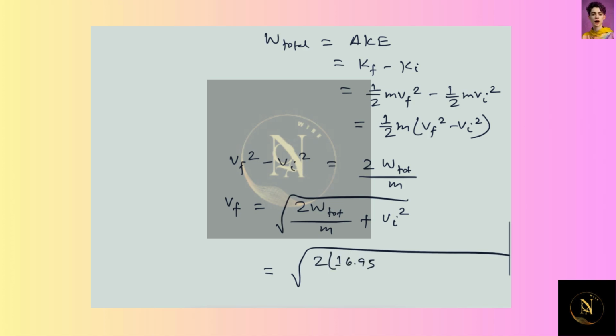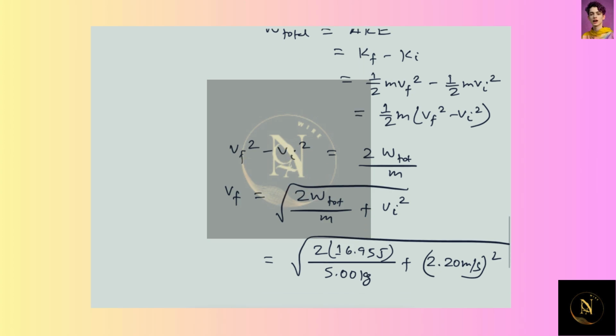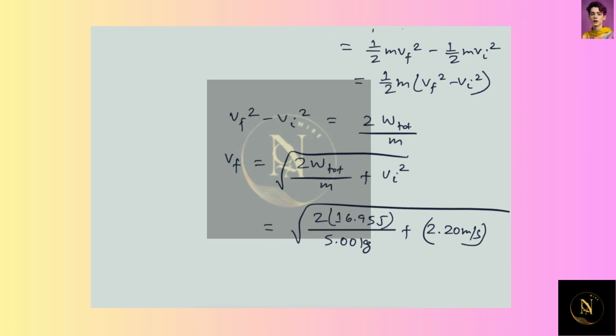Total work is 16.95 joule, mass is 5.00 kg and initial velocity is 2.20 meters per second. So from this we get the final speed equal to 3.41 meters per second. This is the required solution.